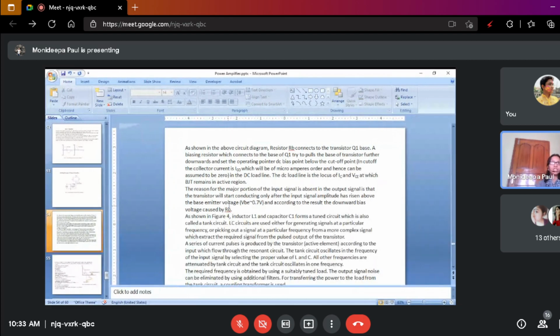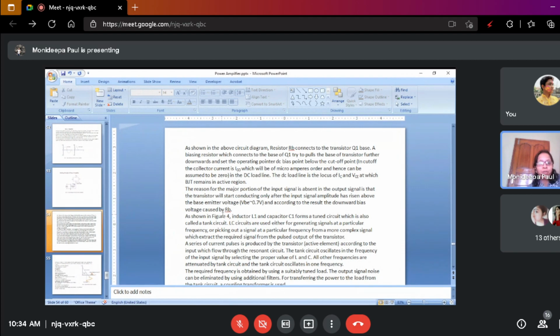That means in this particular class C amplifier, the transistor can reach the conducting state or active region depending on this voltage as well as the voltage across the biasing resistance RB.